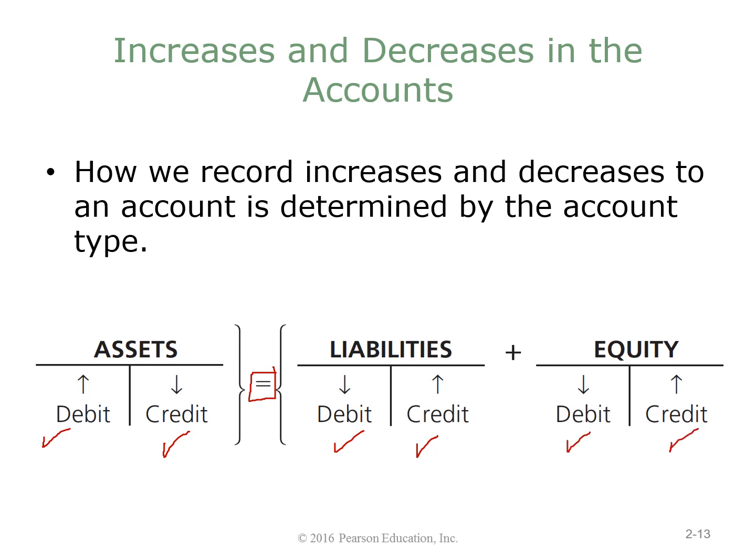But actually how we record the increase and decrease to an account is determined by the account type. If it is asset, whenever it increases it will be debit, whenever it decreases it will be credit. Liability and equity are the opposite because actually they are on the other side of the equation.